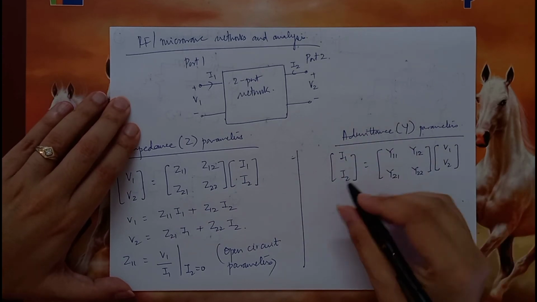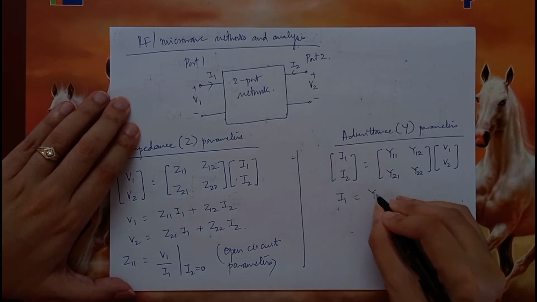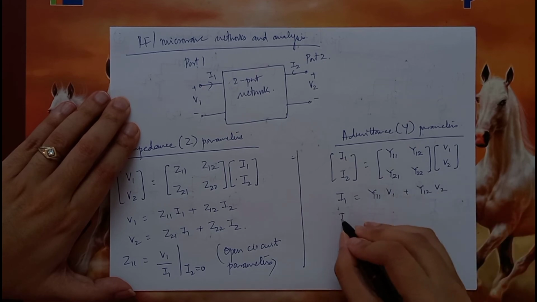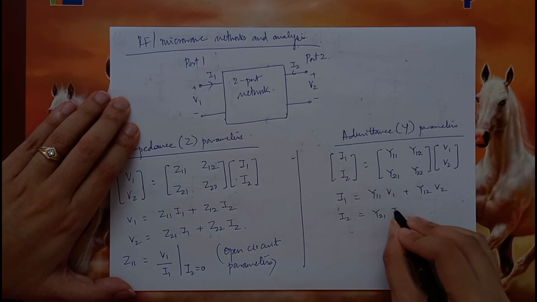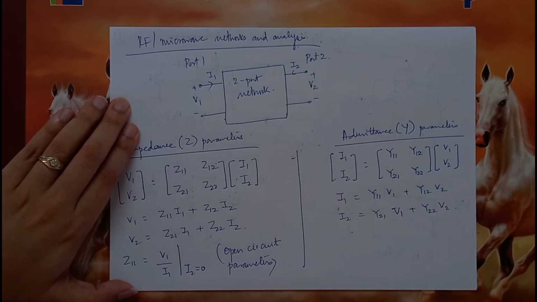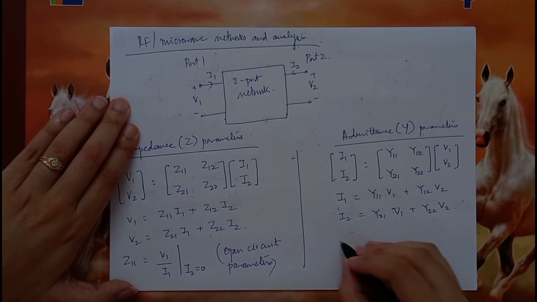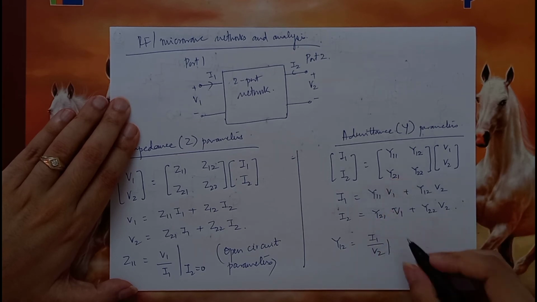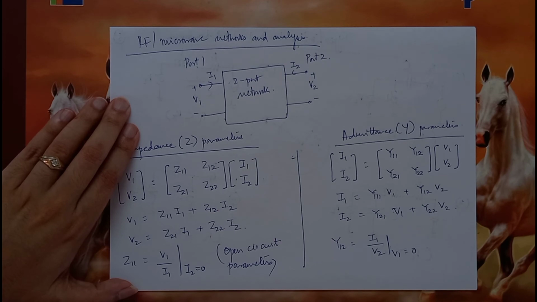Likewise, for Y parameters, you can say I1 is Y11 V1 plus Y12 V2 and I2 is Y21 V1 plus Y22 V2. So if I want to find out, let us say Y12, that will be I1 divided by V2, but V1 should be 0. To find out Y11 and Y21, you need to make V2 as 0.